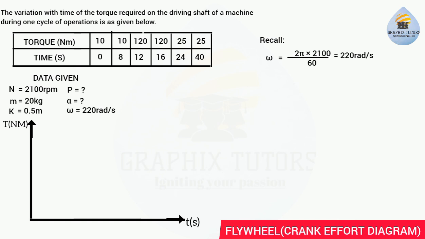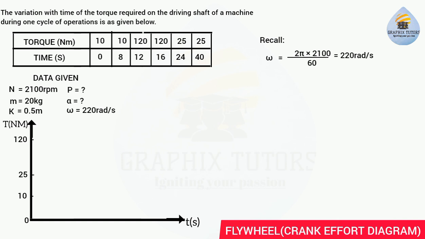We can use any scale of our choice, but let's just start from the lowest to the highest. In terms of the torque, the origin is 0, followed by 10, followed by 25, then followed by 120. We're just sketching it out to know the direction we're about to take.